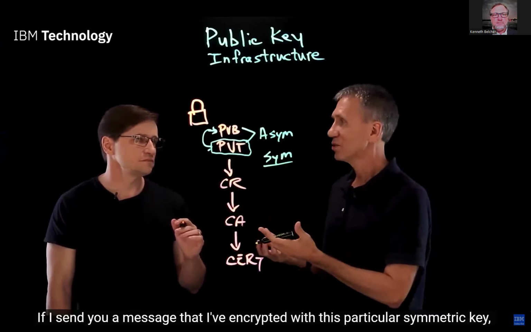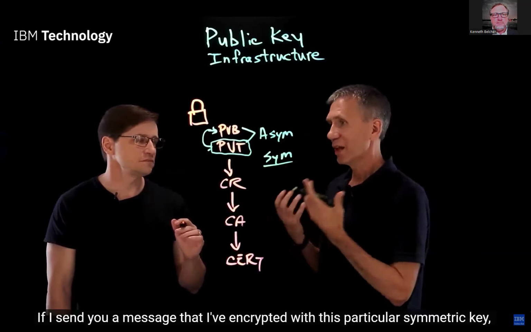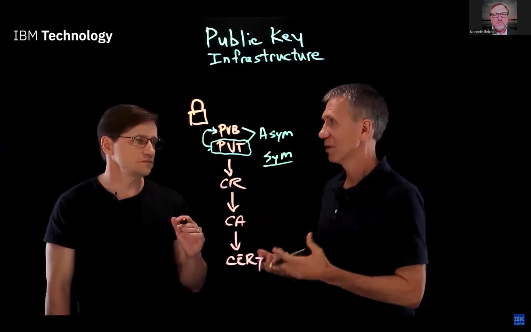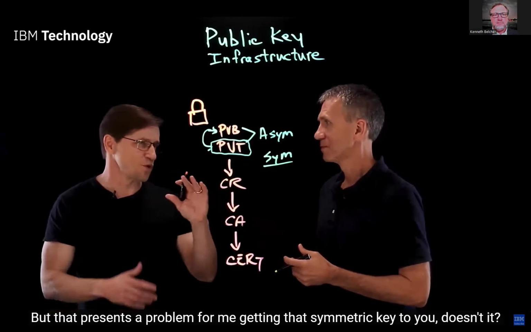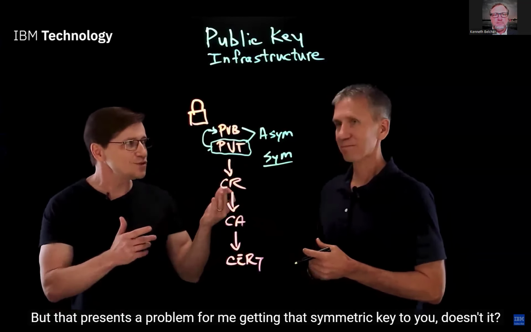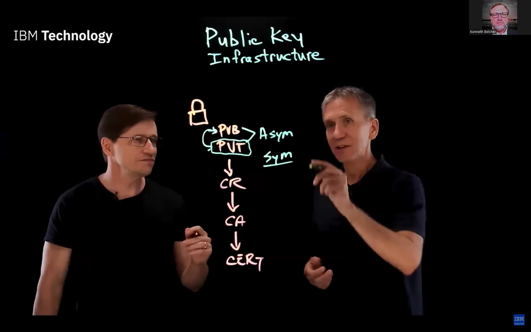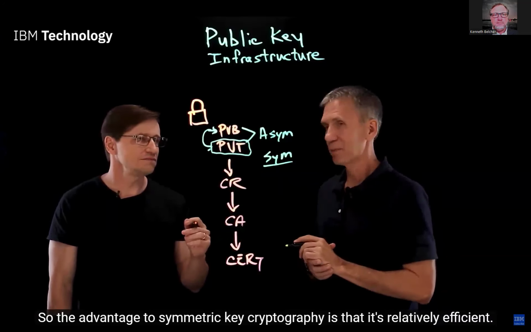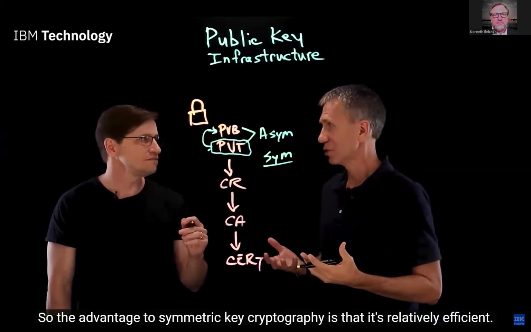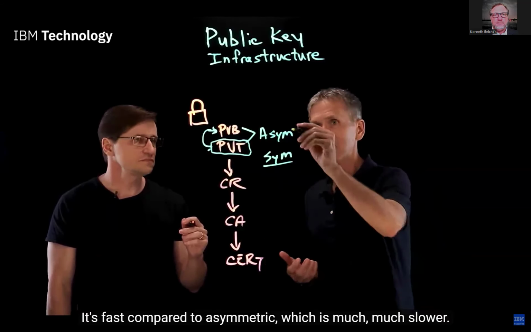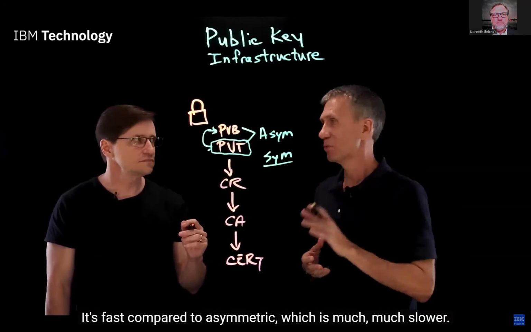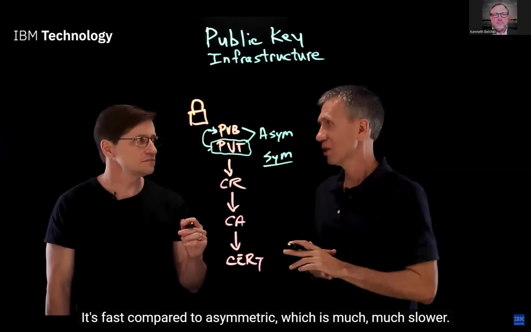If I send you a message that I've encrypted with this particular symmetric key, the only way you can decrypt it is to use the very same symmetric key. But that presents a problem for me getting that symmetric key to you, doesn't it? It absolutely does. The advantage of symmetric key cryptography is that it's relatively efficient. It's fast compared to asymmetric, which is much, much slower. The downside with symmetric is exactly the problem you said.